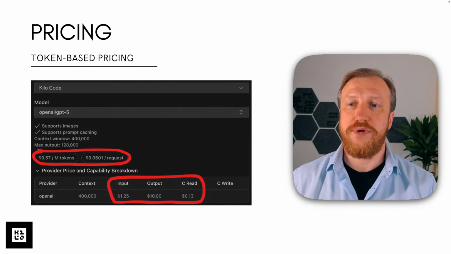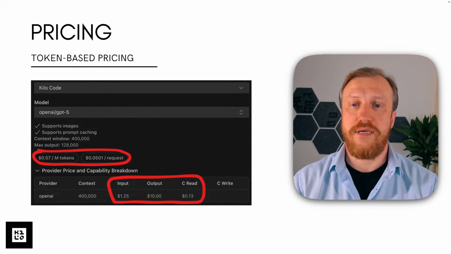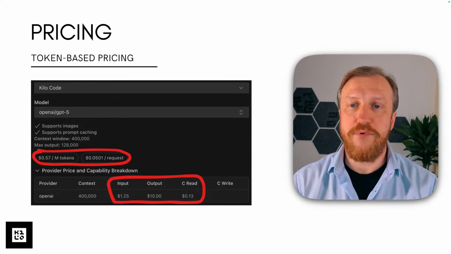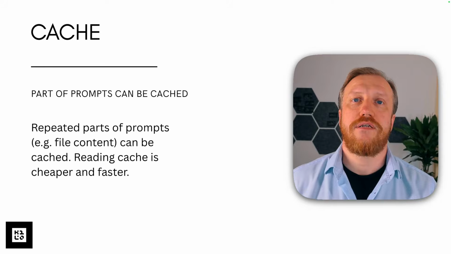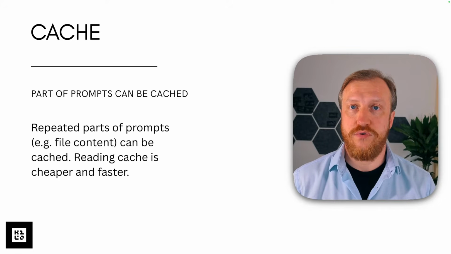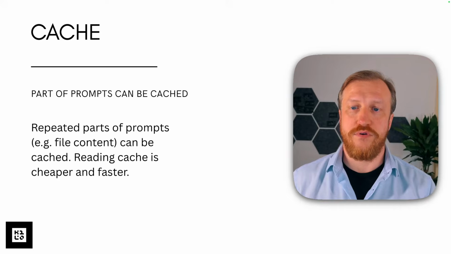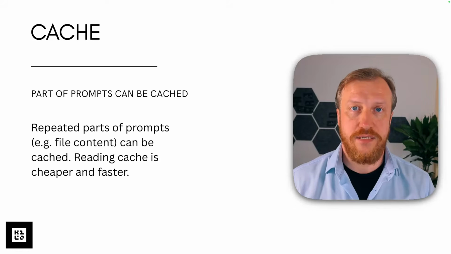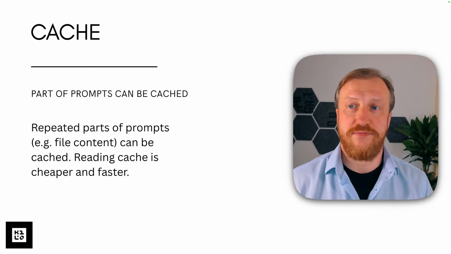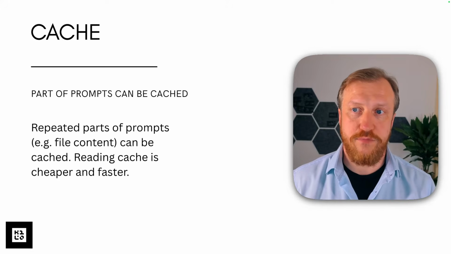That's considering cache reads. And by the way, what is a cache? The cache read you see down there, it's about caching. The point is, a big part of prompts can be cached. They don't change so often. So, for example, files that the model will use to understand your problem and suggest some improvements can all be cached if the model supports caching, if the provider supports caching.